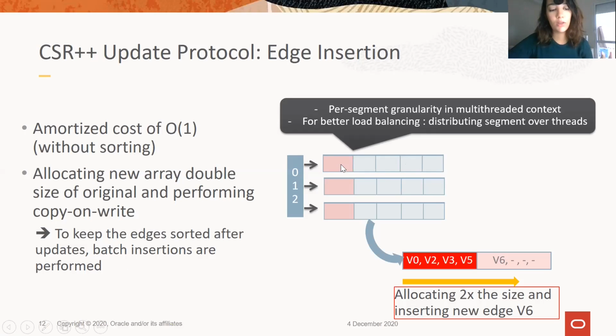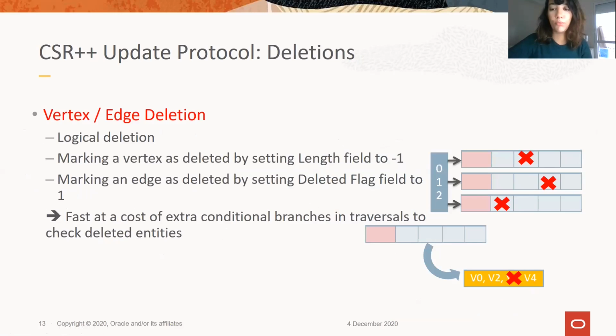As we're going to mention later in the evaluation section, we evaluate CSR++ in a multi-threaded context, and we allow for concurrent writes into the edge arrays. To synchronize and protect those write operations, we use lightweight spin locks, and every time a thread can hold a lock and then perform the updates on a certain edge array.